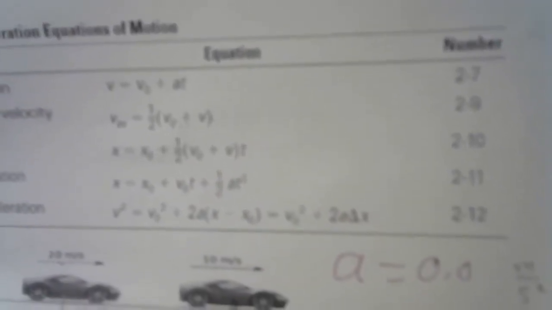The acceleration in the third one is 0. What if I have the acceleration? I would use the fourth one, this one. I can find the position, I have the time, the acceleration, and the velocities. I can use this equation. So I will use it.